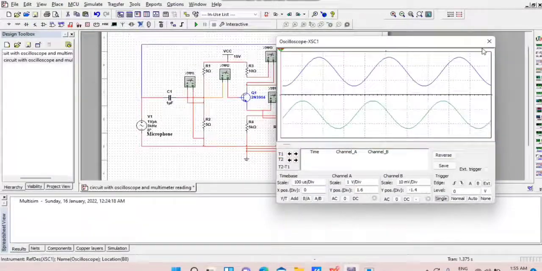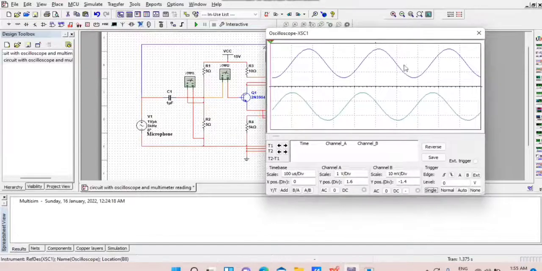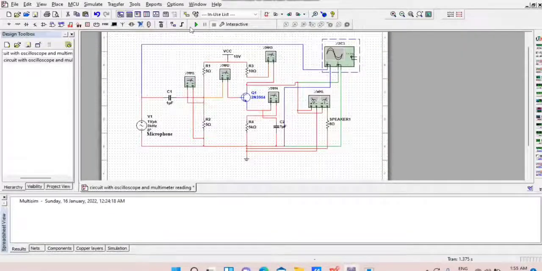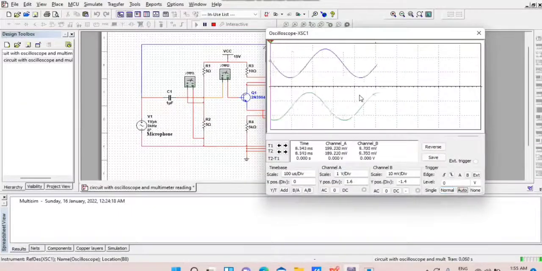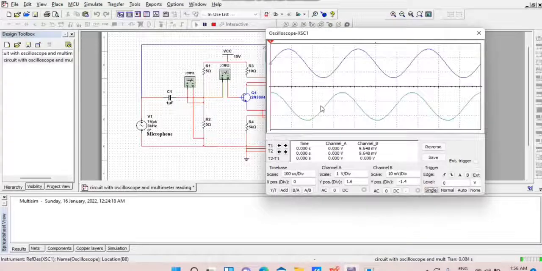When we run it, this is the waveform that we get for the input, and this is the output waveform. It runs auto and slow. This is the input and output waveform.